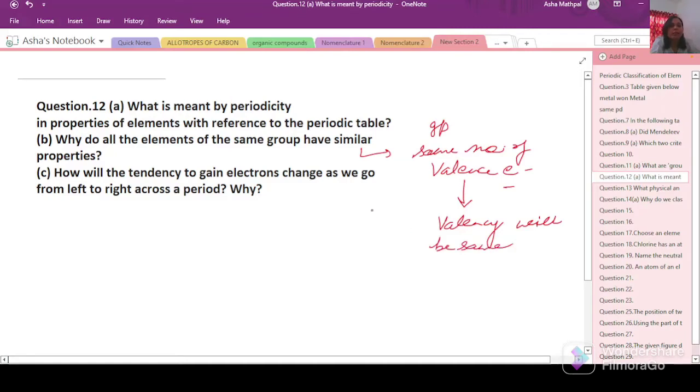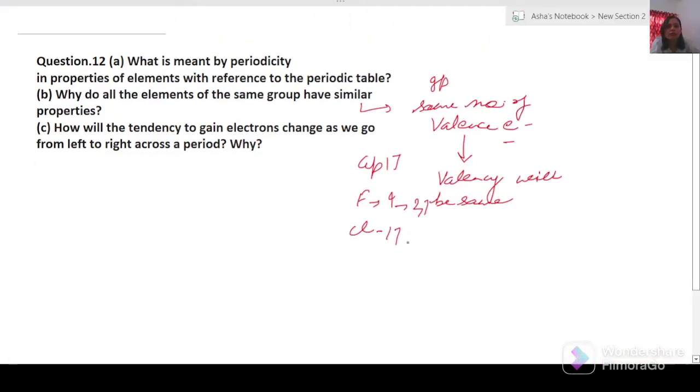For example, in group 17, let us say you have fluorine and chlorine. You know that their atomic numbers are 9 and 17. So fluorine has electronic configuration 2,7. If you see Cl, its electronic configuration will be 2,8,7, right? So they have the same valence electrons, and that is why their valency is also the same, that is 1.